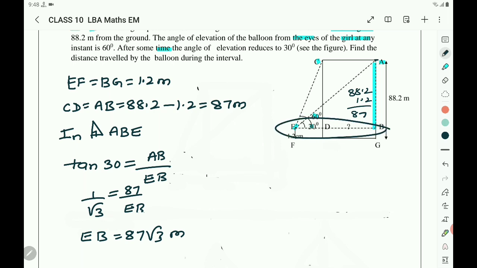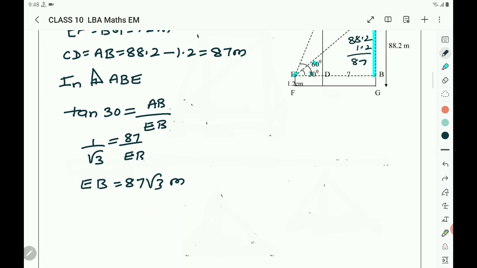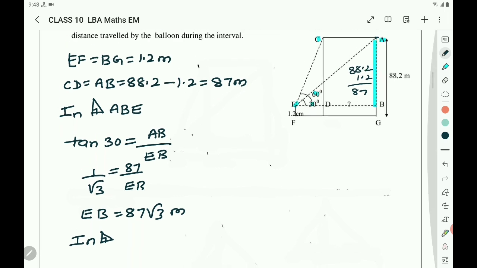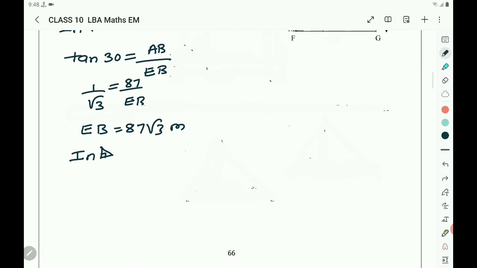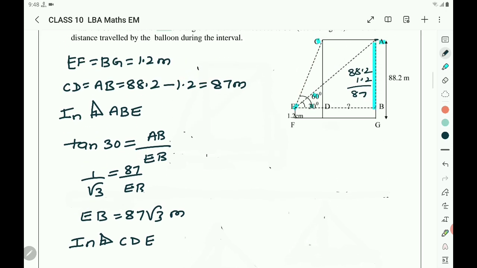You got this length. Next you get this length by using the right angle triangle CDE. In the right angle triangle CDE, for this 60 degree, CD is the opposite side and ED is the adjacent side.